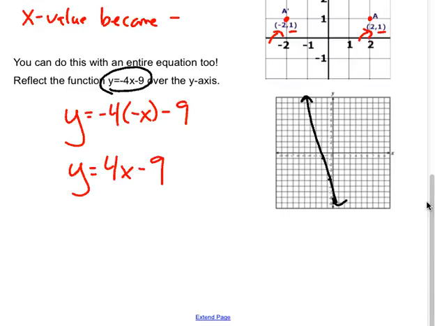And now let's do this one. Still starting at that -9, but this time going up 4 over 1. And you can see what it looks like to be a y-axis reflection. Okay, but again, just note, whichever axis you're reflecting over, that is the variable that keeps its value. The other one takes on a negative.